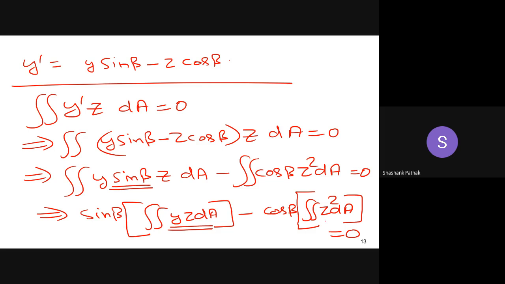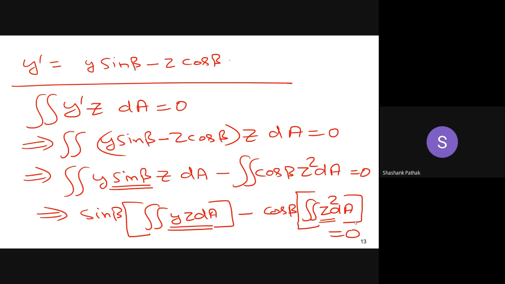Let's start with the simple one. Z square dA, what is this? Moment of inertia. Excellent. About which axis? There are two centroidal axes, y axis and z axis. This is moment of inertia about which axis?